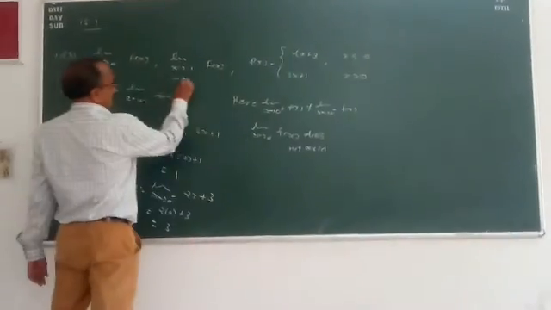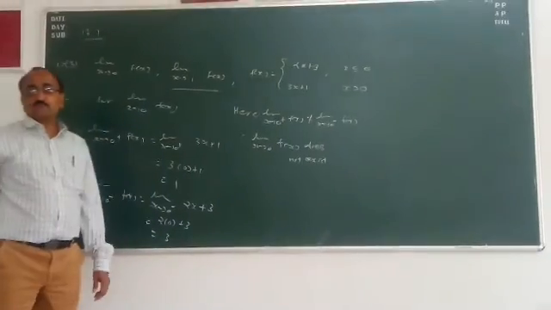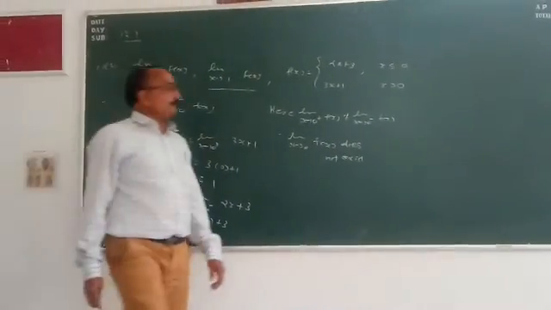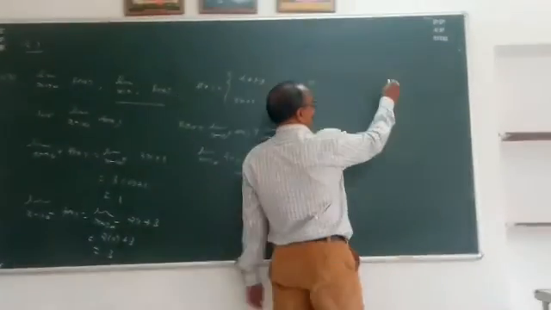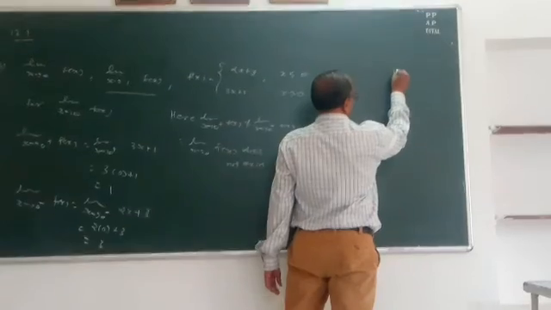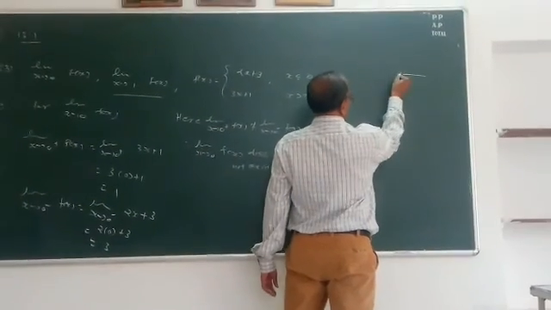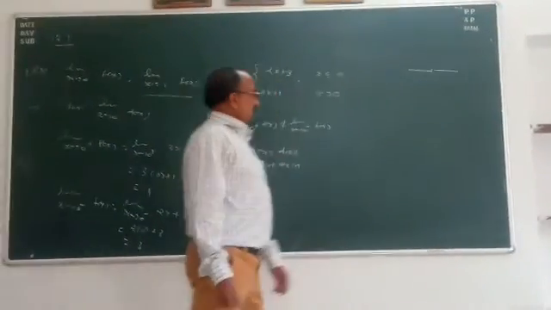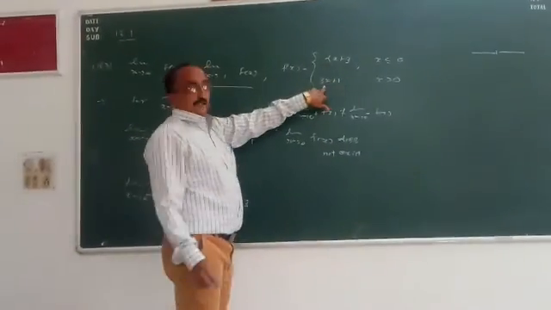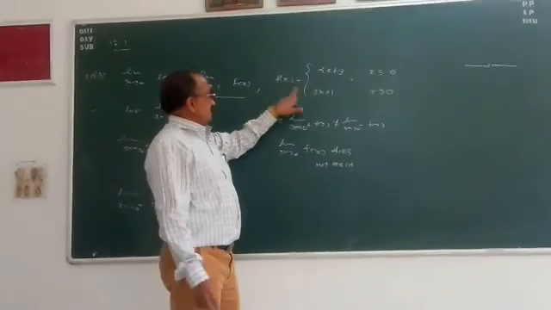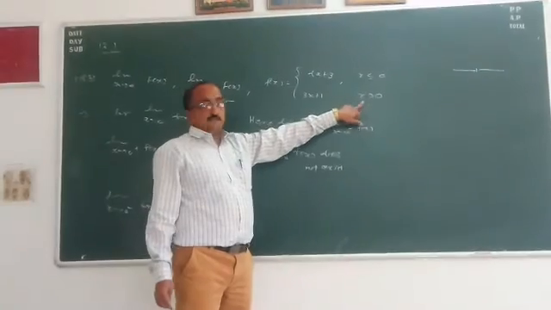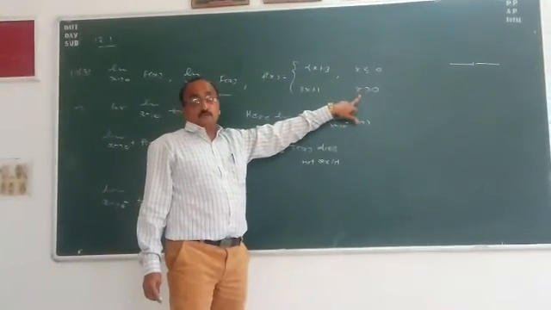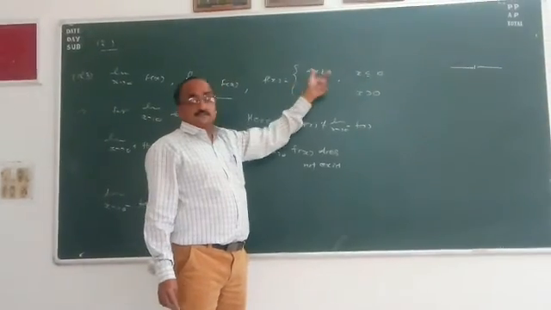For the limit as x tends to 1 of f(x), here x tends to 1, that is the value of x greater than 1 and less than 1. In this case we select only one function, f(x) equal to 3x plus 1, because x is greater than 0 here. This is the value for x less than 0.